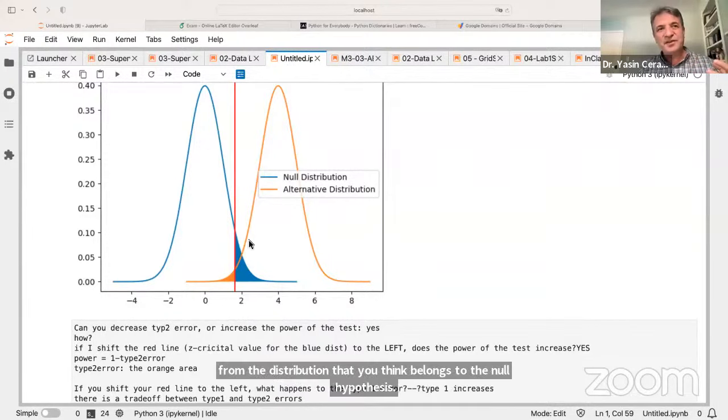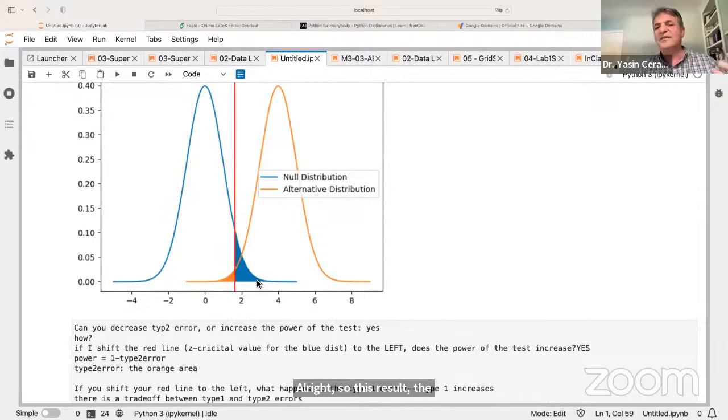So this experiment result is so rare that it is hard to accept that it is coming from this blue line corresponding to your null hypothesis. That's why you are rejecting your null hypothesis. You are saying that it is so rare that I would expect a result from my null hypothesis. That's why I'm saying that I have enough statistical evidence to reject the null hypothesis.